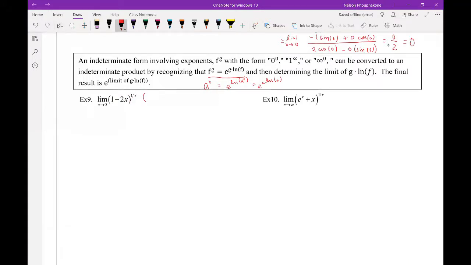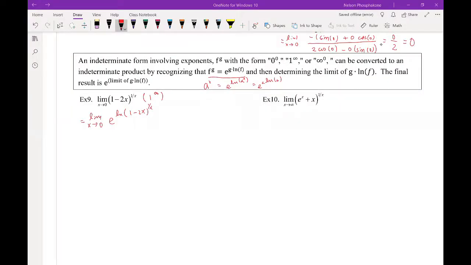So again, if I use direct substitution, then I have 1 raised to the power of infinity, right? So indeterminate form. So what I need to do here is rewrite this into the limit x approaching 0 of e raised to the power of natural log of 1 minus 2x raised to the power of 1 over x.